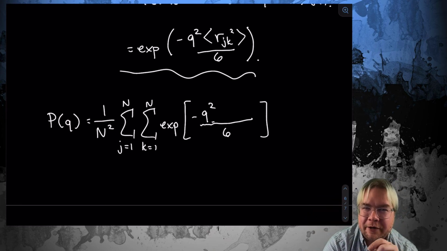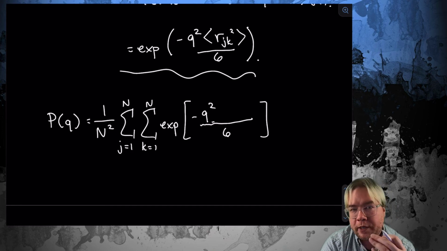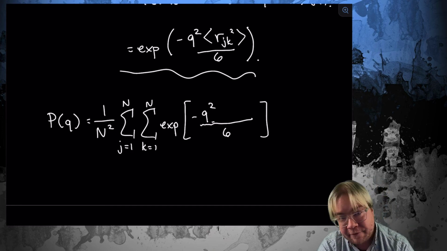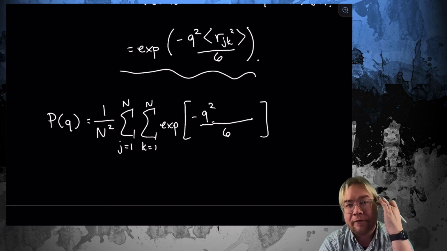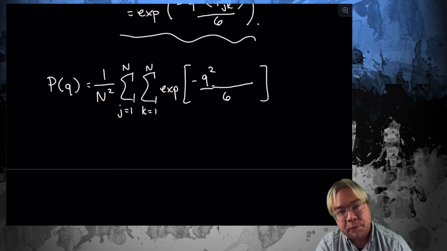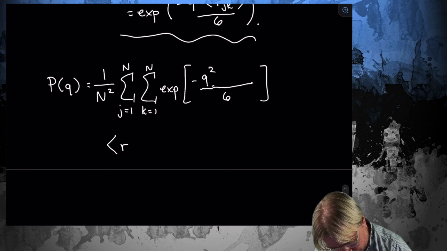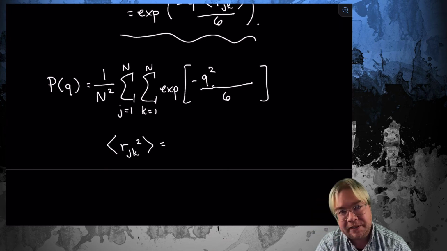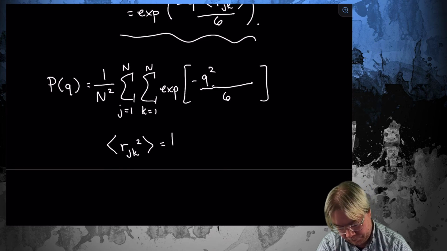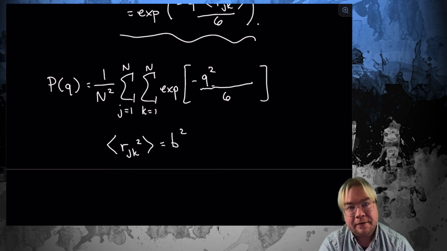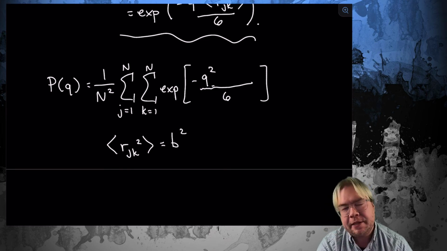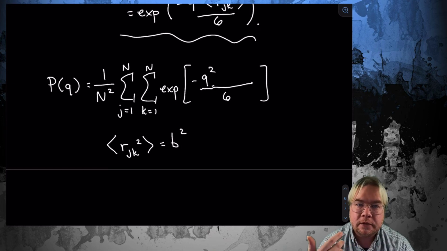Okay, here's where self-similarity comes into effect. What is r_jk on average? What's the expected value for r_jk squared? Well, this comes from the chain statistics. This is why we did this. r_jk squared is going to be the Kuhn length squared times the number of monomers between them to some power.